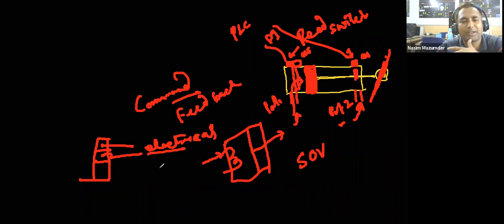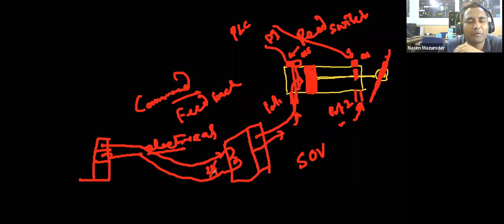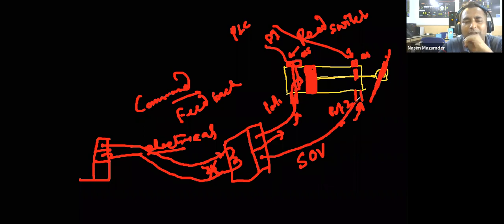You are giving some command, on command, say 24 volt is coming over here, and this solenoid valve will act, and this will allow your air to pass through this port. On the other hand, if the 24 volt is not here, then this port will act, and this port will be connected to this. So air will be going through this port.